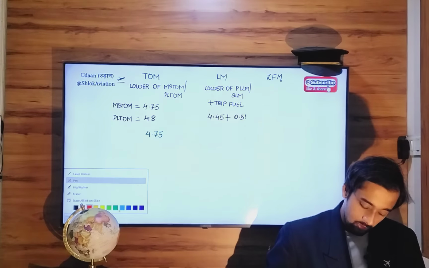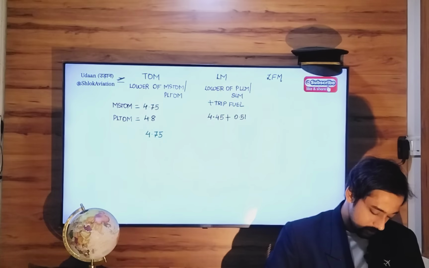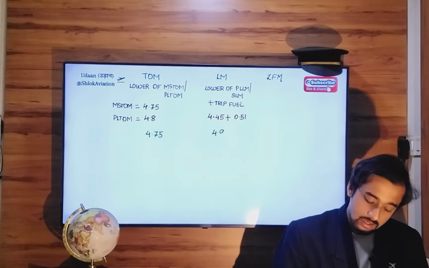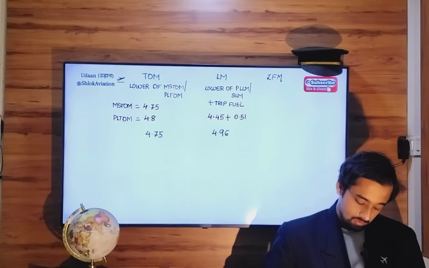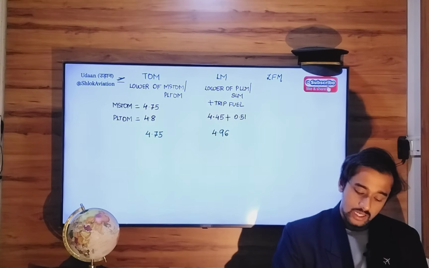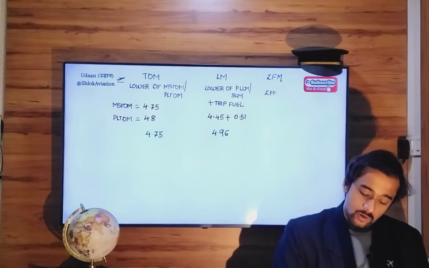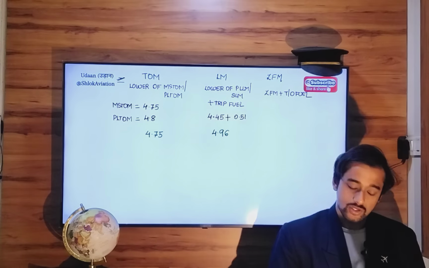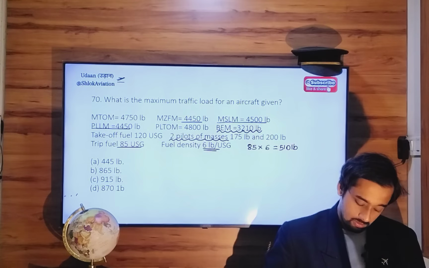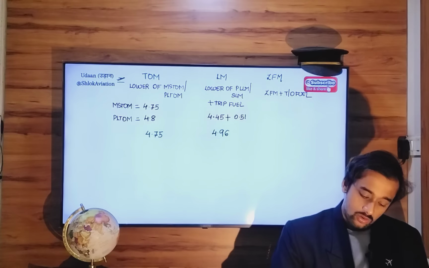Therefore 4.45 plus 0.51 equals to 4.96. Next thing, zero fuel mass column, zero fuel mass plus takeoff fuel. Zero fuel mass here is 4,450 pound, which is equal to 4.4.